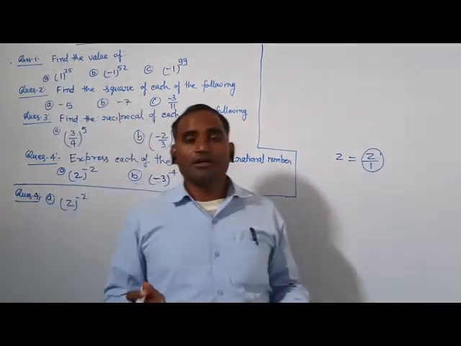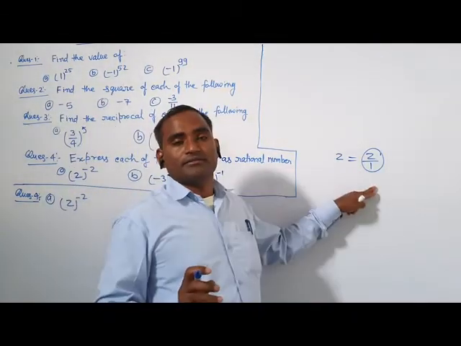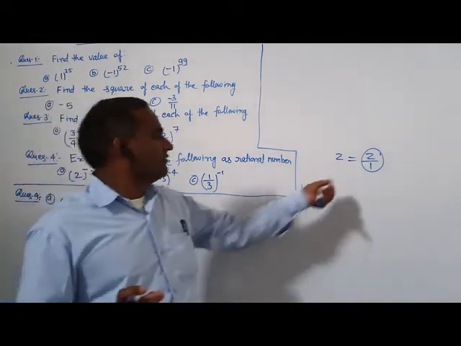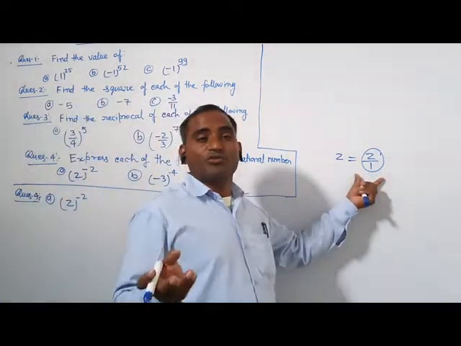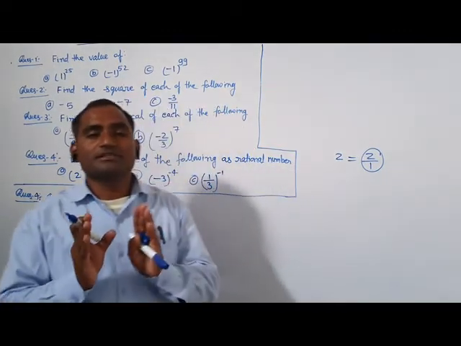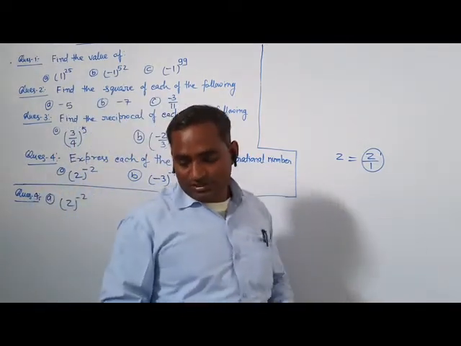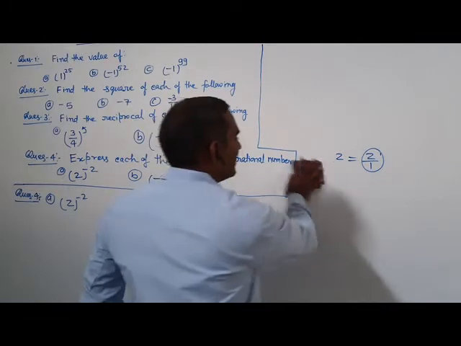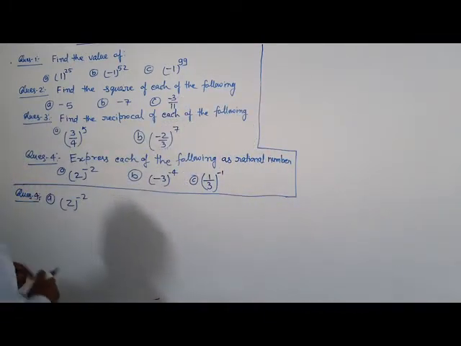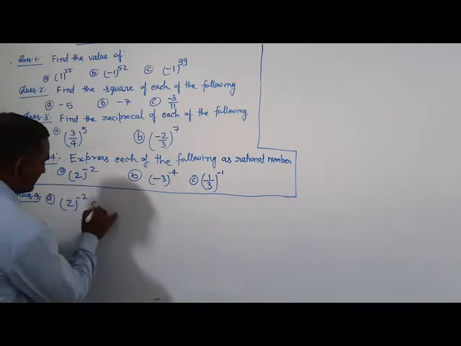So every number has a denominator 1, because there is no difference when we write the denominator of any number as 1, since any number divided by 1 gives the same number. So every number has denominator 1. Now you have to find the value of the solution.